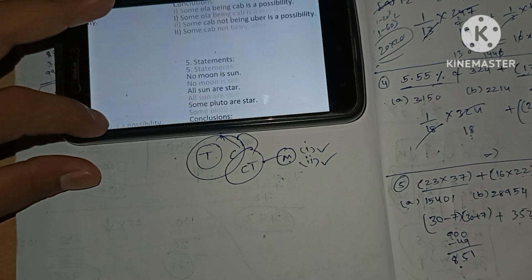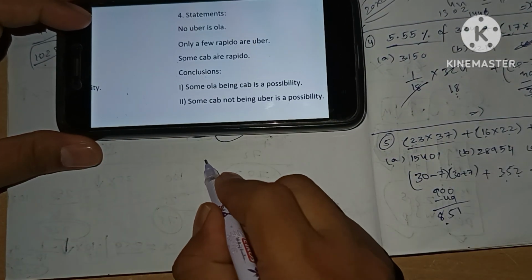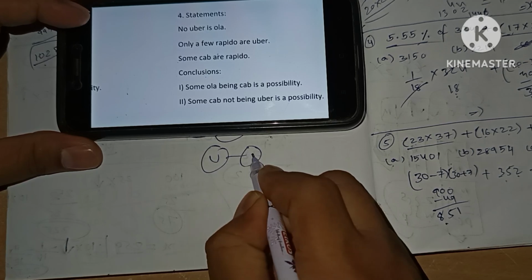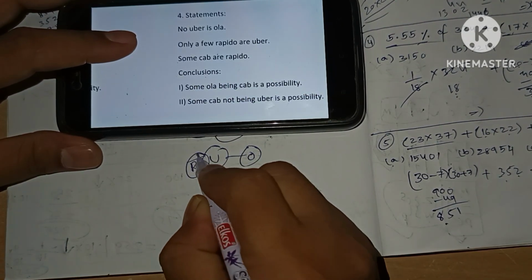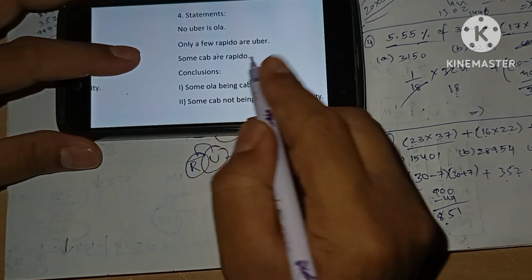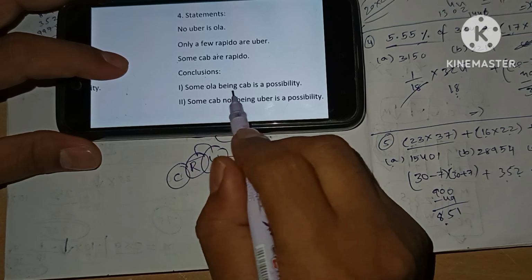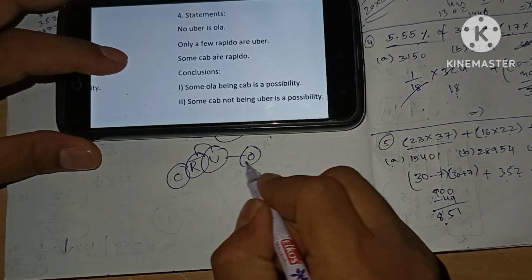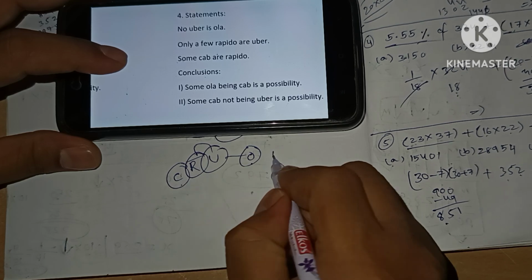Let's see the fourth one. No Uber is Ola. Only a few Rapido are Uber. Some cab are Rapido. Conclusions. Some Ola being cab is a possibility. Some Ola can be cab is a possibility. The first one is true.